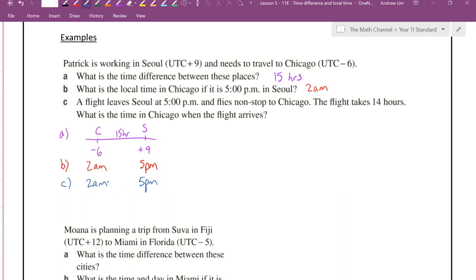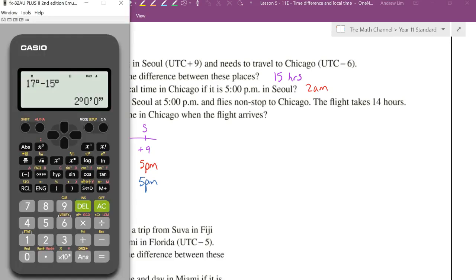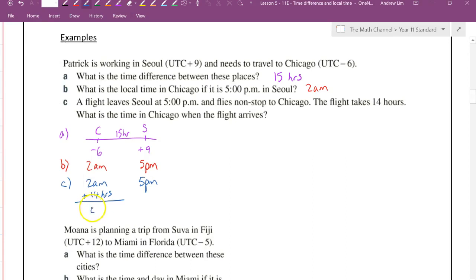Because it takes 14 hours, we're just going to add 14 hours to this. Get my calculator out. 2 a.m. is represented by 2 hours. Then we add our 14 hours to give us 16 o'clock, which is 4 p.m. So the answer here is 4 p.m.